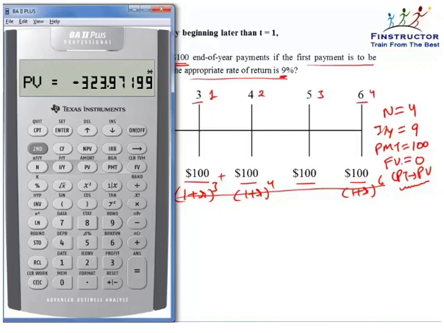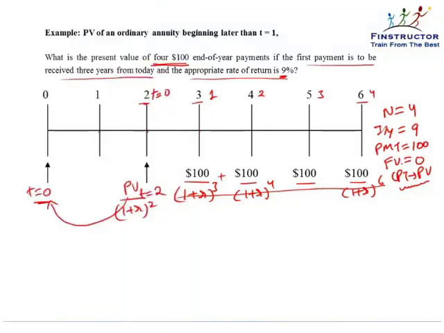Let's store this in the memory register 1 in case we need it in the future, and we know that we will need it in the future. And let's go back to our question. So the value at t equal to 2 is equal to about 323.97. And this is not the solution because we need to discount it back another 2 periods.